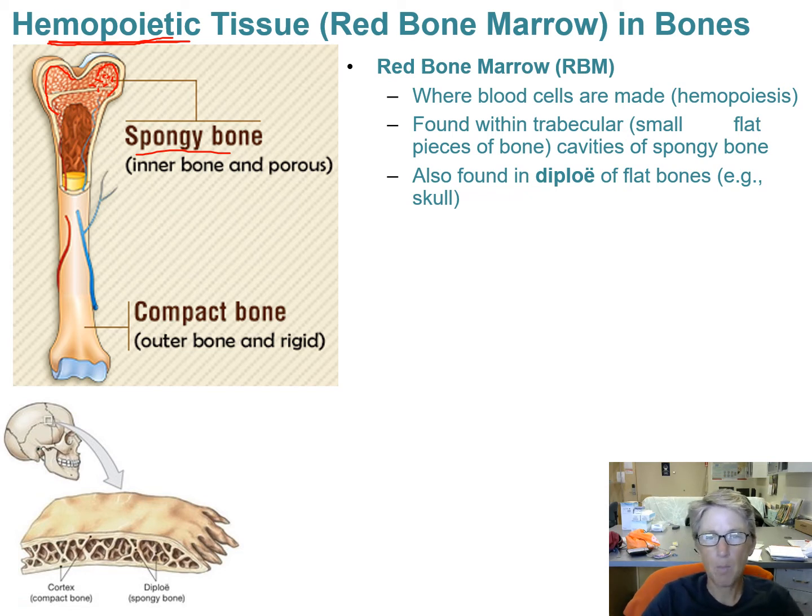red bone marrow. You can also find red bone marrow in this thing called a diploe of a flat bone. Diploe is just like a sandwich. If you look at the skull and take this little square out and enlarge it, if this is a sandwich, here's one piece of bread. That would be specifically compact bone.